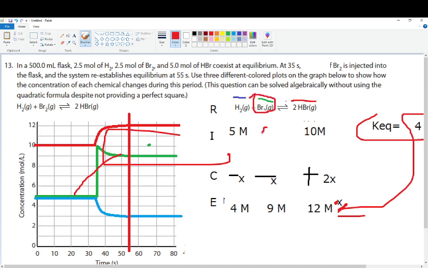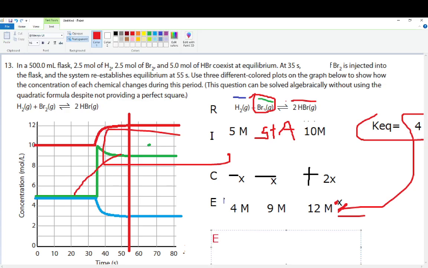So you'd have to go 5 plus a certain amount, A. And then your equivalency line down here is going to be, equivalency is always going to be equal to initial plus change. And since my initial is 5 plus a mysterious amount, plus my change, which is minus X, it's going to be equal to this.